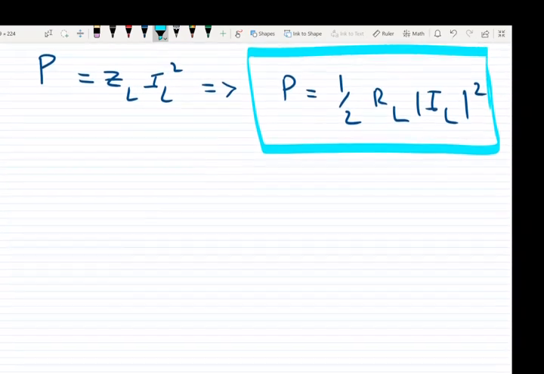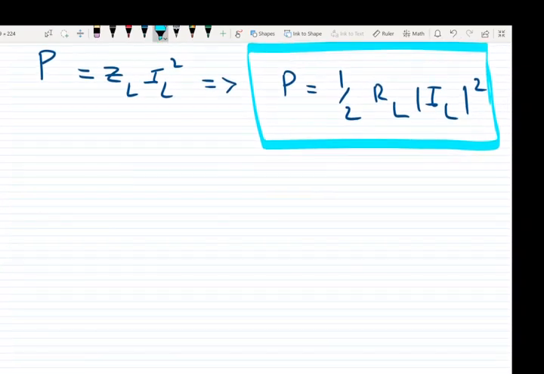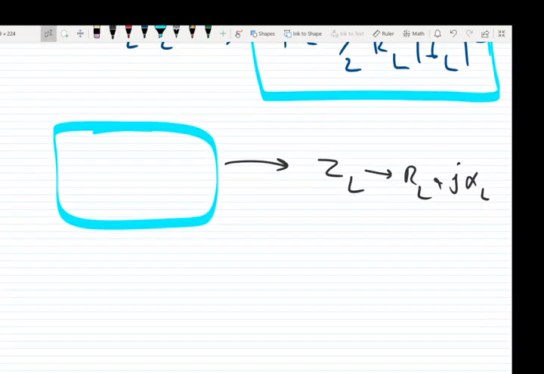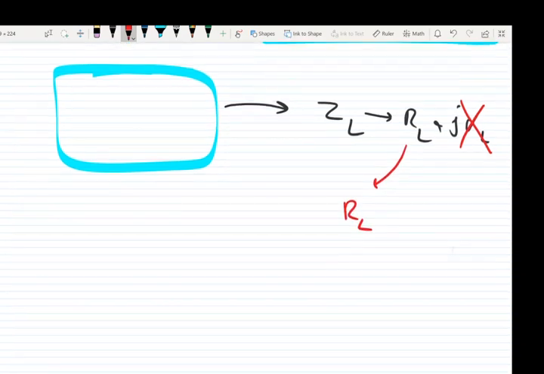Just remember this equation, and whenever we have a circuit, we need to find ZL. When we found the ZL, we know that the ZL has two components. Ignore the inductance and consider RL.